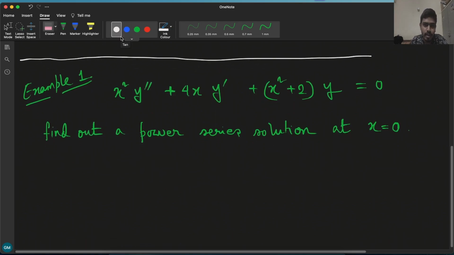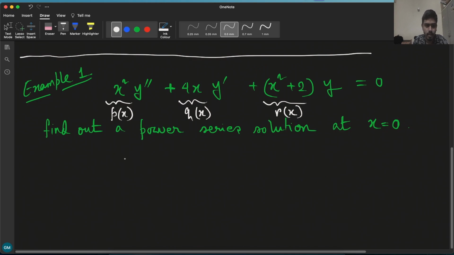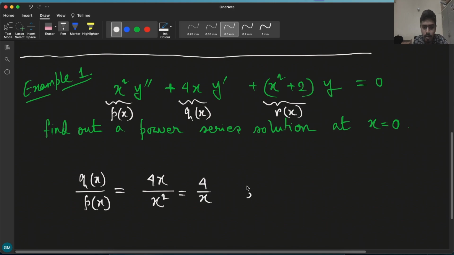So let me first show that x equals to 0 is indeed a regular singular point. It's not an ordinary point, it's not an essential singular point, it's a regular singular point. For this case, this is our px, this is our qx, and this is our rx. So what is qx by px? It is 4x divided by x square, which equals 4 by x, and rx by px is x square plus 2 divided by x square.